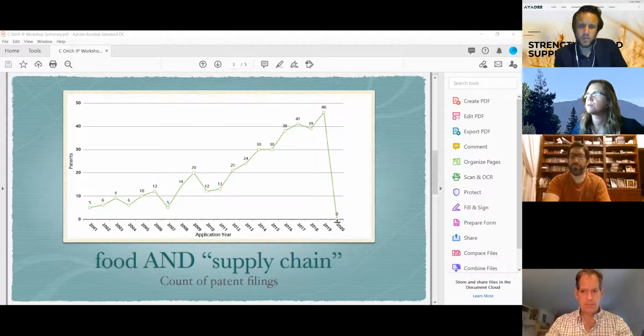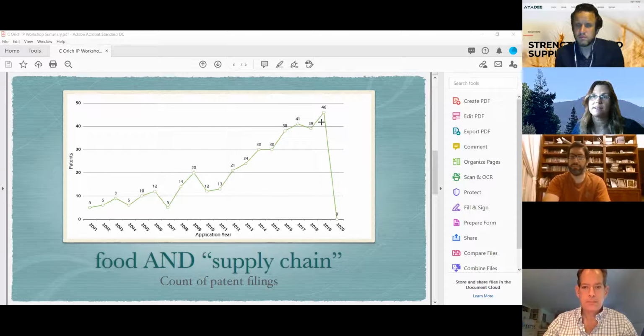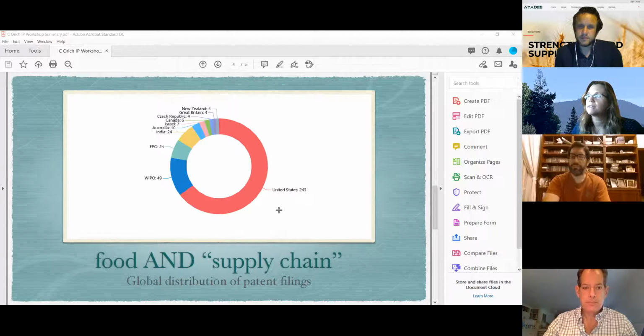Now 2020 is too early to have a count, so that data point's not relevant. But definitely it's an area of increasing interest for patent activity. And this graph shows that the primary jurisdiction for the patent filings is the United States at this point.